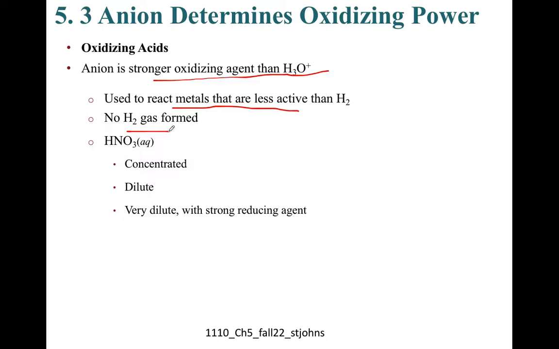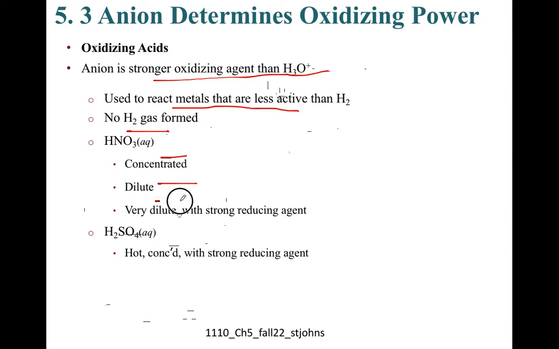For example, nitric acid, in concentrated or dilute condition, works with a strong reducing agent. Dilute sulfuric acid cannot work as an oxidizing acid; however, it depends on the condition of the solution. If the solution is very concentrated and hot, then it can work as an oxidizing acid with a strong reducing agent.